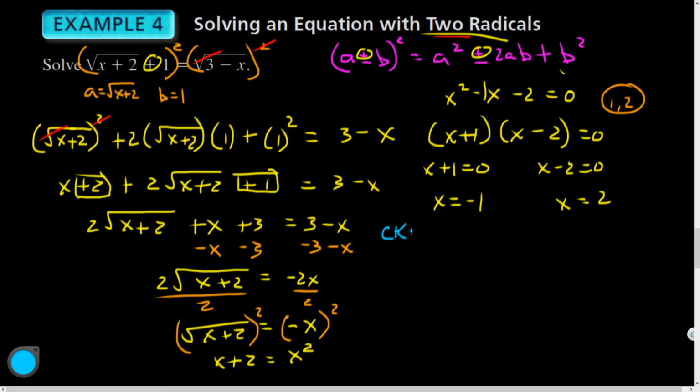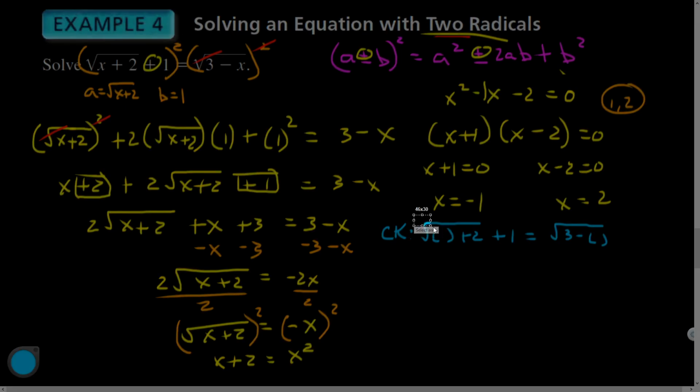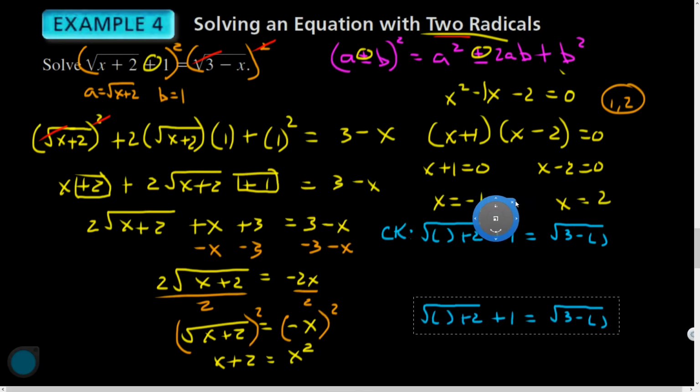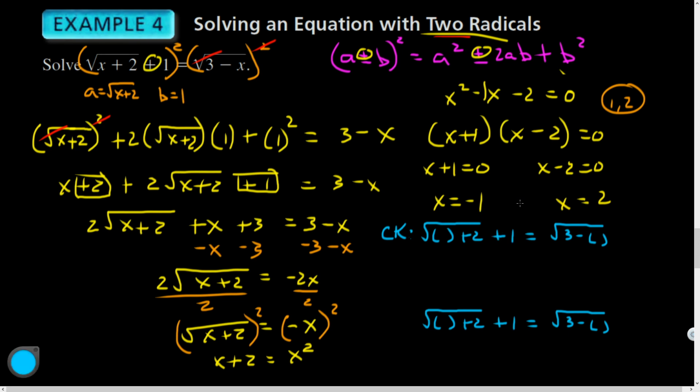Let's do a check. Check it, check it. So I'm going to have x plus 2 plus 1. Is that equal to the square root of 3 minus x? And I'm going to have to do this twice. Guys, I might run out of space. It's okay.